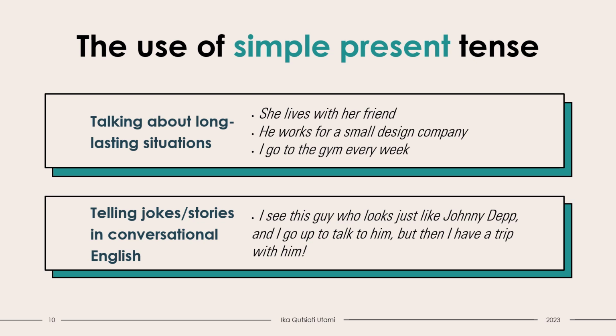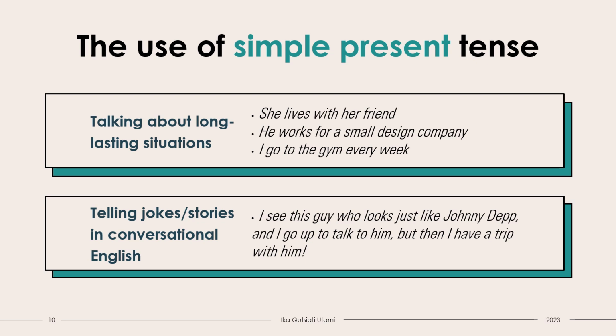If you say she lives with her friend with the present simple, this suggests that the situation is permanent or at least long-lasting. She's not just staying with her friend for a few weeks. She lives with her friend permanently. However, if you say she's living with her friend with the present continuous tense, this suggests that the situation is temporary.